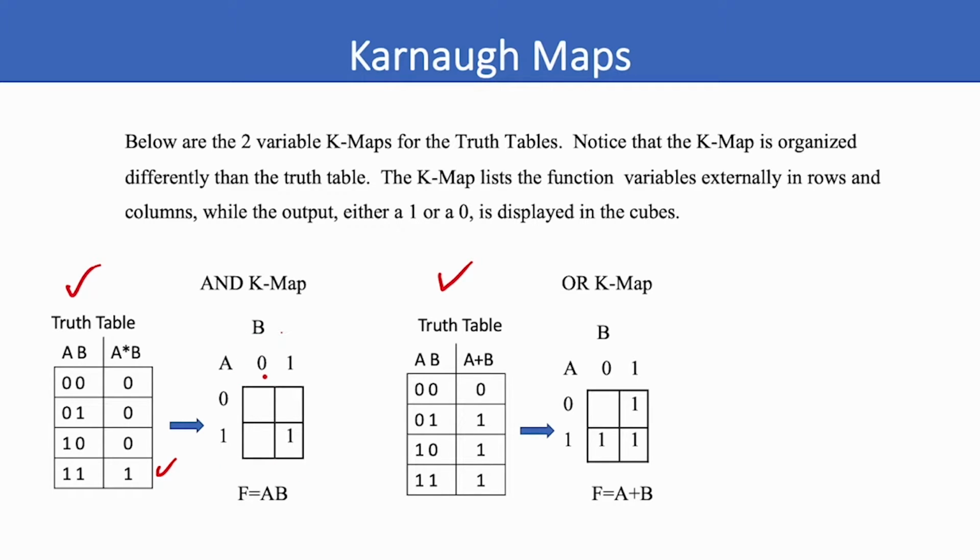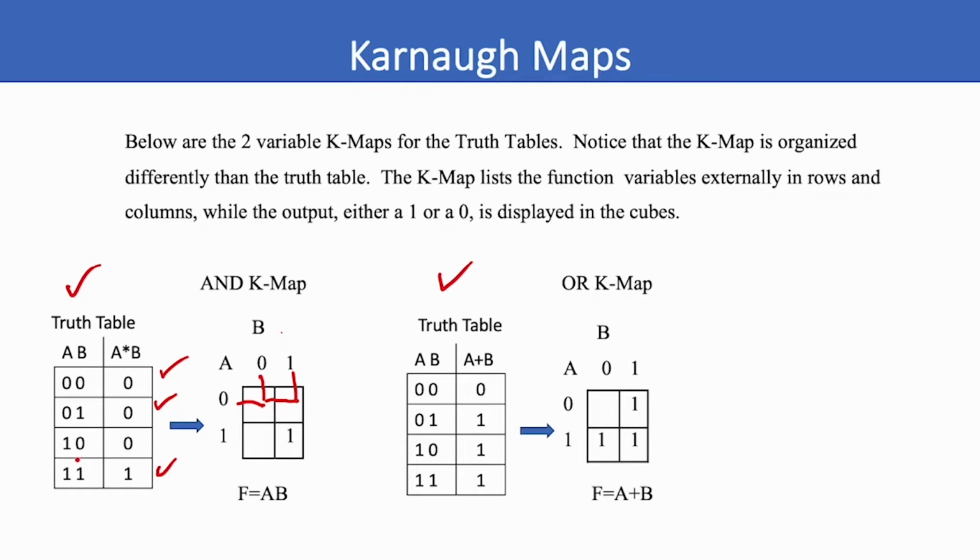So the intersection of A and B, 0 and 0, occurs right here, and that is associated with this row in the truth table. The intersection where A is a 0 and B is a 1 occurs right here.